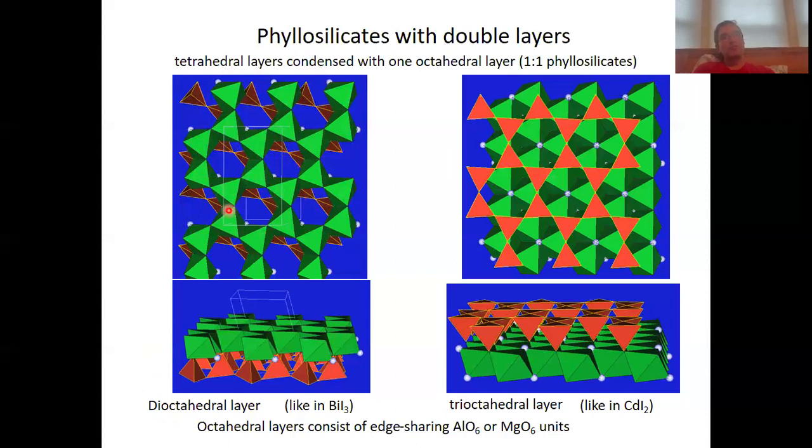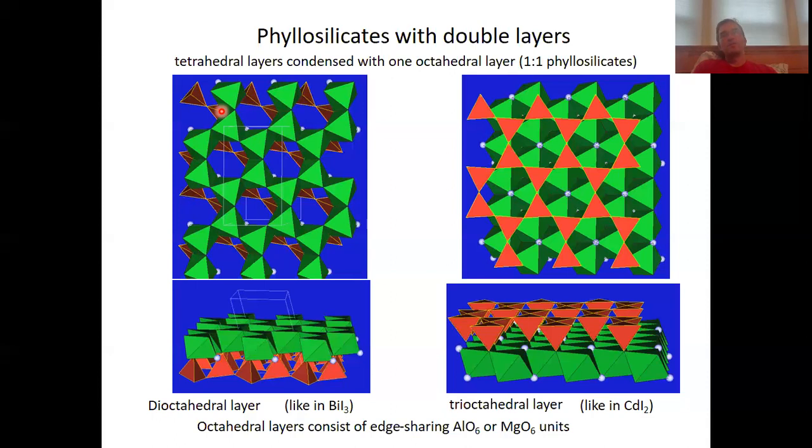whereby still the octahedral layer is condensed with the tetrahedral layer. So that means that some of the oxygens within the octahedral layer are being shared with terminal oxygens within the tetrahedral layer, which is made of SiO4 tetrahedra.